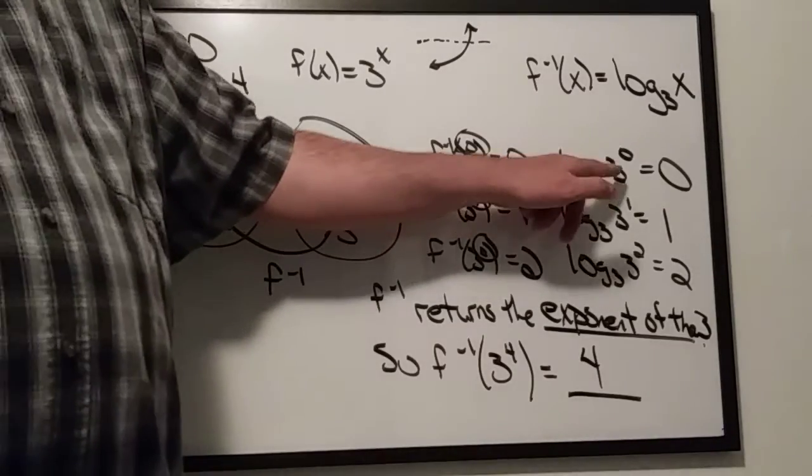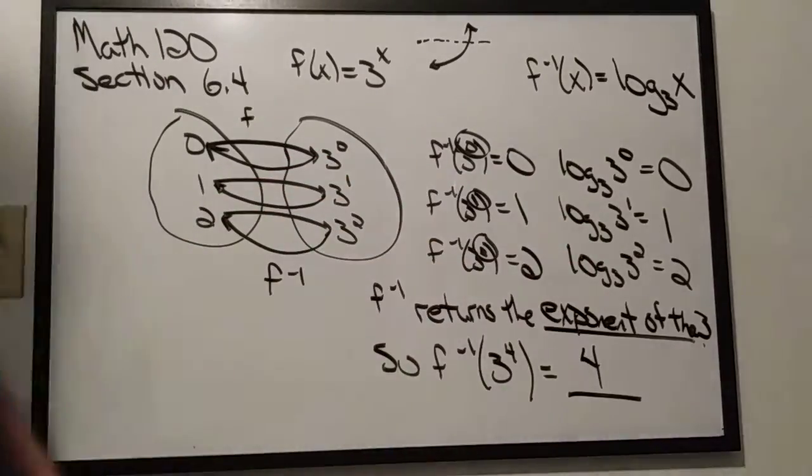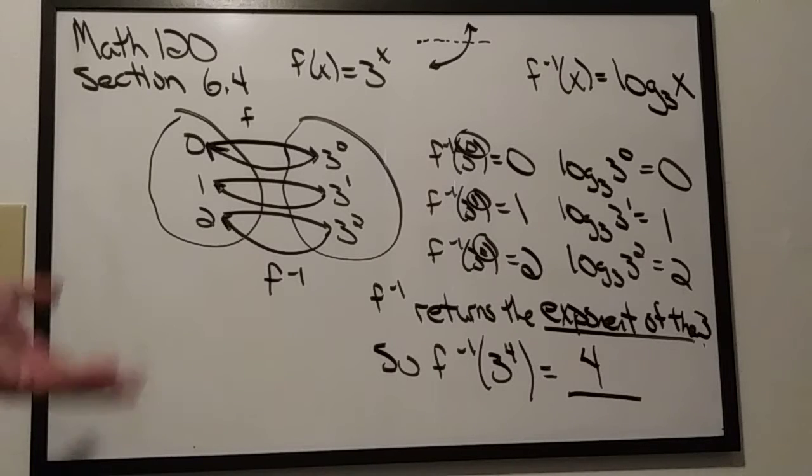So log base 3 of 3 to the 0, the exponent is 0, so you write down 0. What's log base 3 of 3 to the first? The exponent on that 3 is 1, so log base 3 of 3 to the first is 1. And finally, log base 3 of 3 squared, the power on that 3 is a 2, so log base 3 of 3 squared is 2. So whenever you're looking at this section and you're wondering, what is this log thing all about? It's always asking you, what is the power, and in this case, on your 3.